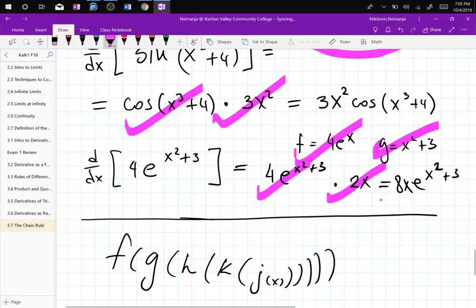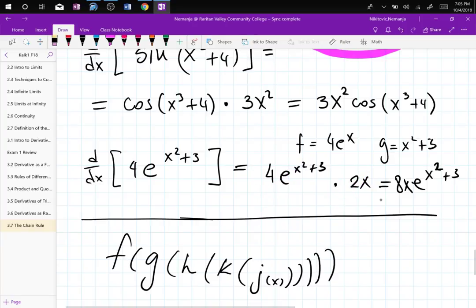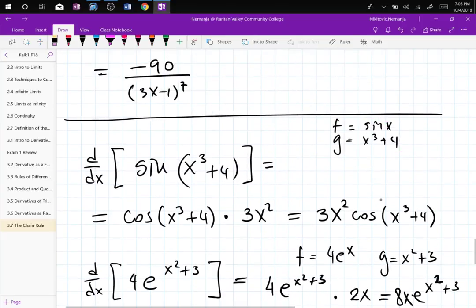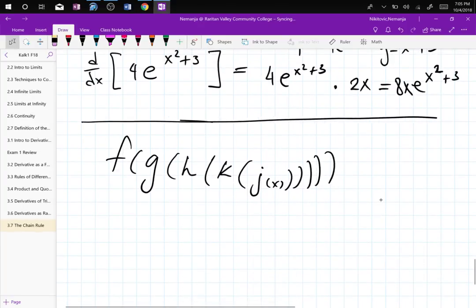It's always like that. So now, if I have four nested functions in a chain rule, common sense would say you better have the four factors in your answer. This silly thing serves as the title of the layered chain rule.